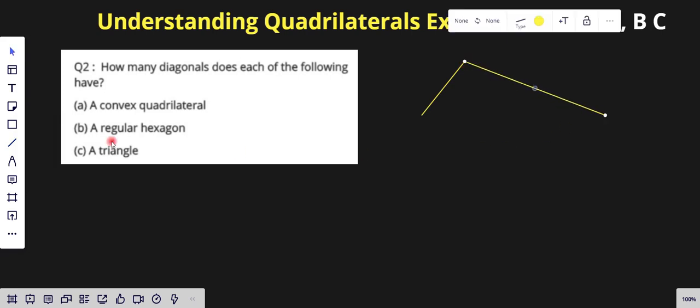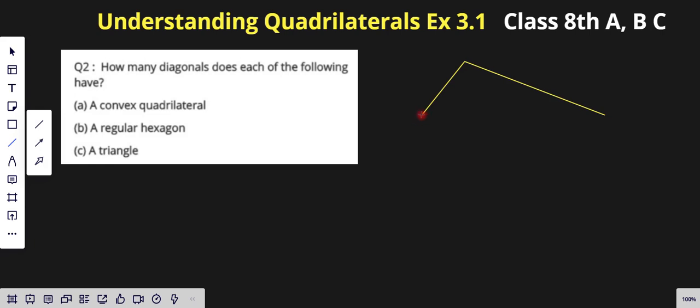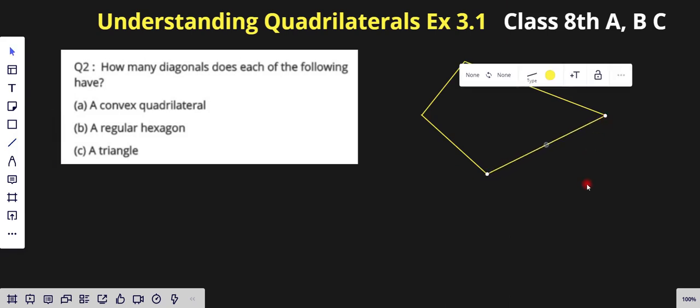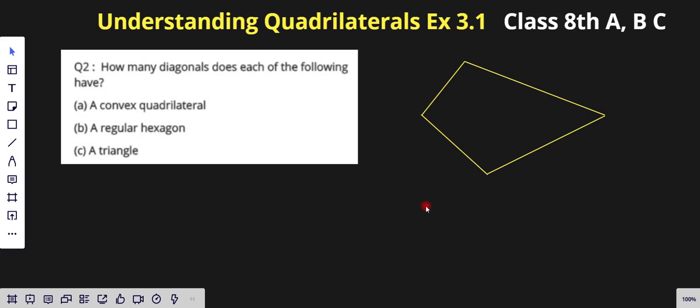Let's say this is a quadrilateral. Now a diagonal always connects two extreme points. I'll draw this diagonal with a different color.